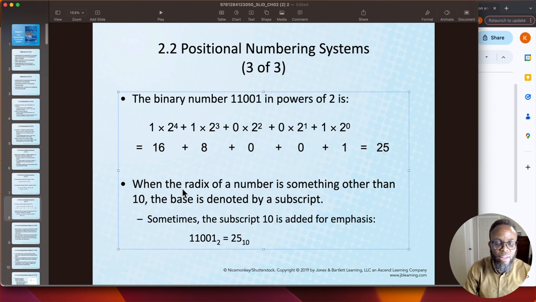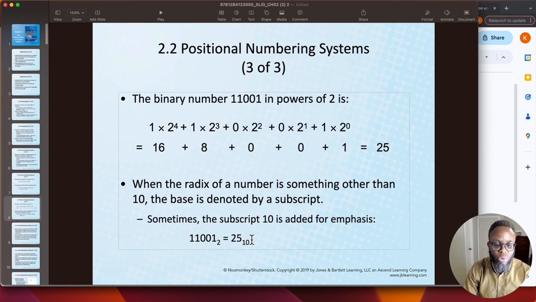Okay. And we say when the radix of a number is something other than 10, the base is denoted by a subscript. In our first assignment, there was some confusion because the numbers on the left did not have a radix. And my instruction was that if a number does not have the base explicitly indicated, that means that number is represented in base 10, right?